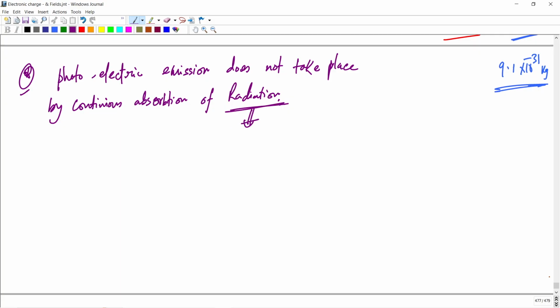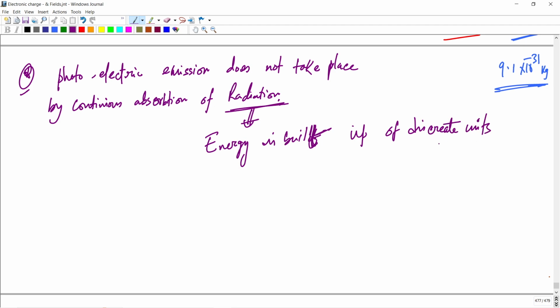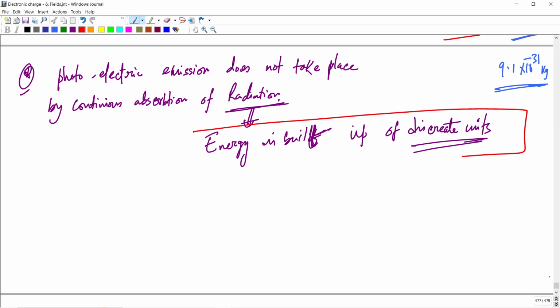This radiation energy is built of discrete units. This is the mainly important concept: this energy builds up in discrete units.